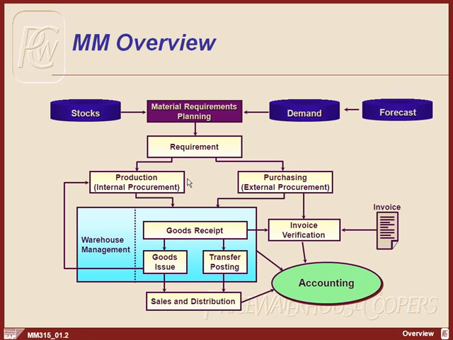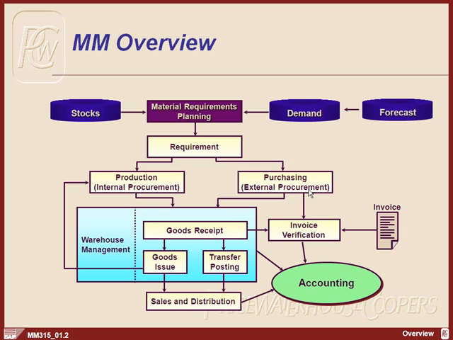The planned order will be converted into a production order if you want to produce in-house, or if you want to procure it from external market resources, it will be converted into a purchase order, and then the process is the same as per the external procurement cycle. So if it is an in-house production material, let the product be produced or manufactured. Once it is done, anyhow you have to bring it into the finished goods stores.